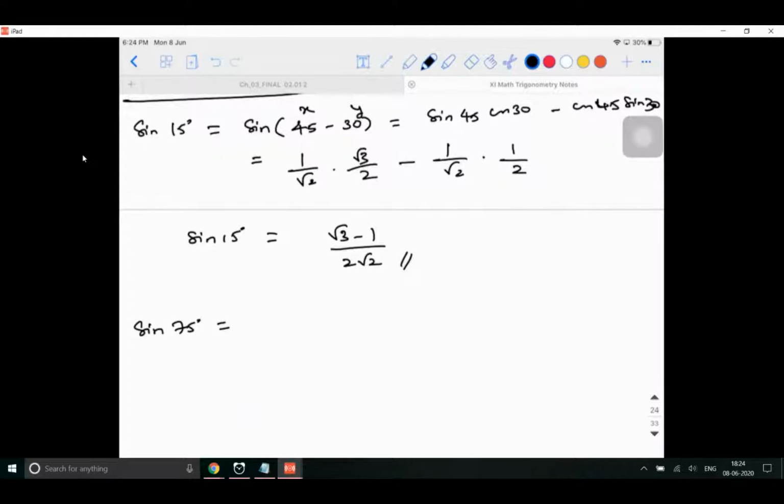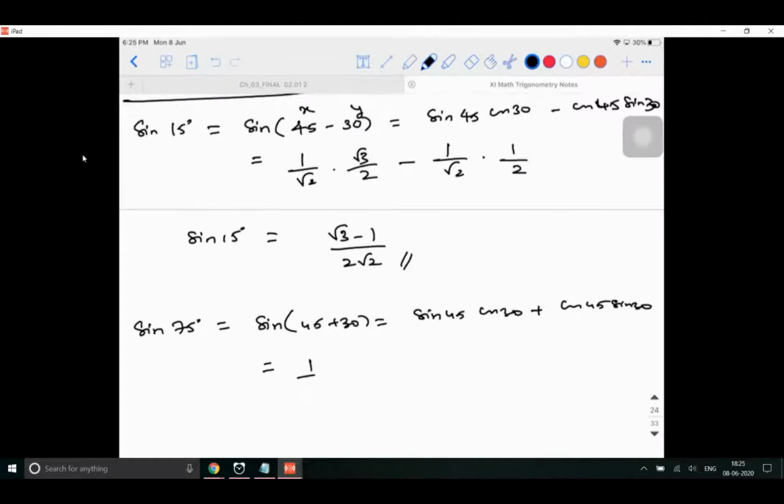Sine of 30 plus 45. So you can write it as sine of 45 plus 30. How do you solve it? Sine of x plus y is sin x cos y plus cos x sin y.